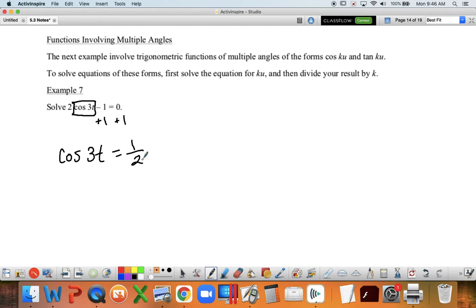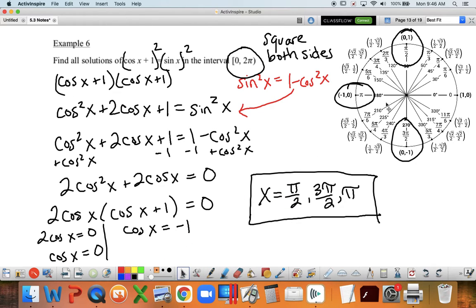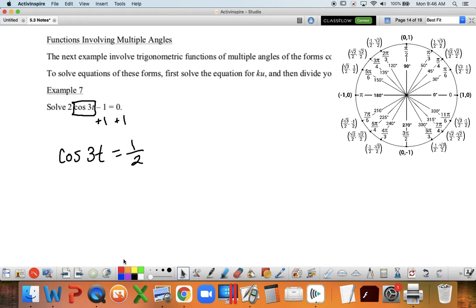So let's think about this for a second. I don't have my unit circle over here. Let me give it a copy so we can... It kind of covers up our question there. So we want to know for what angle, so angles with a cosine of 1/2.